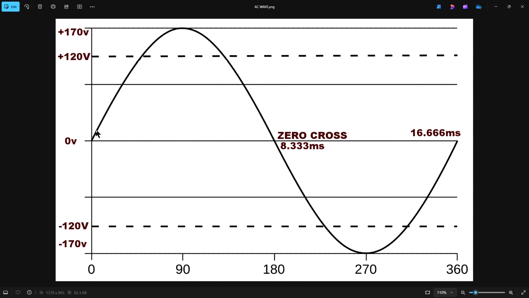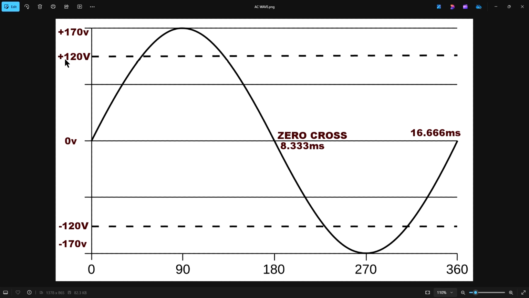And you get a sine-shaped wave, as you're used to seeing in AC power. It comes up, and our typical in America, what we consider 120 volts, 117, 120, depending on who you ask, we hit about 170 volts at the peak.